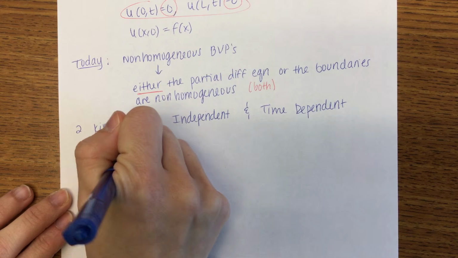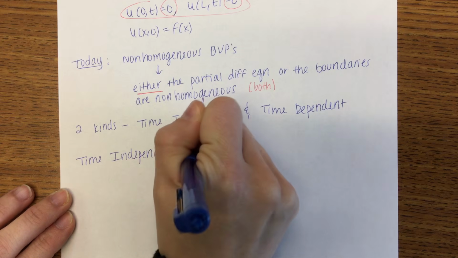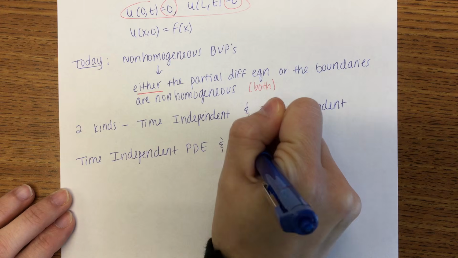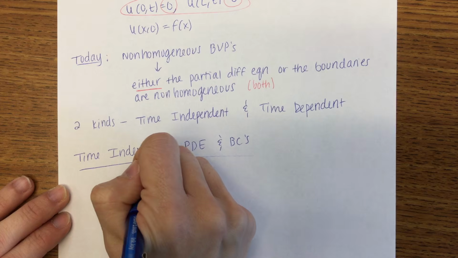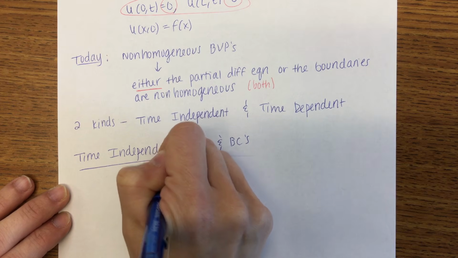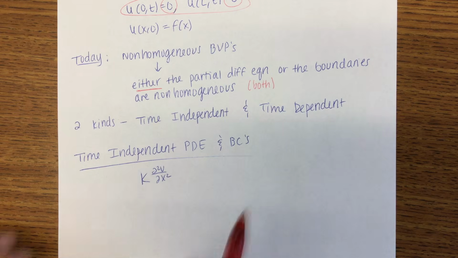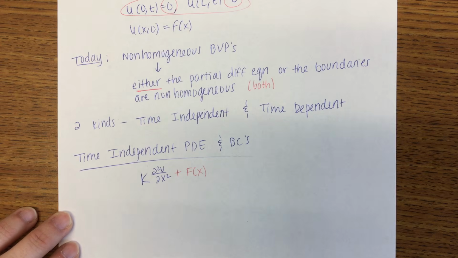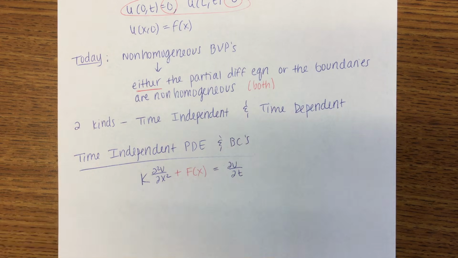Here's what a time independent partial differential equation with time independent boundary conditions would look like. You're going to still have that k times the second partial of u with respect to x, but you're going to have plus f of x equals partial u, partial t.